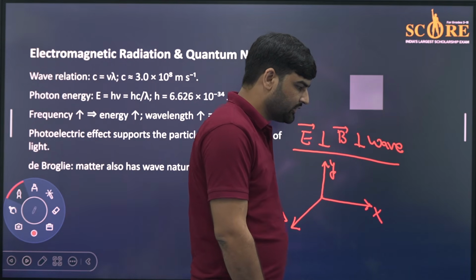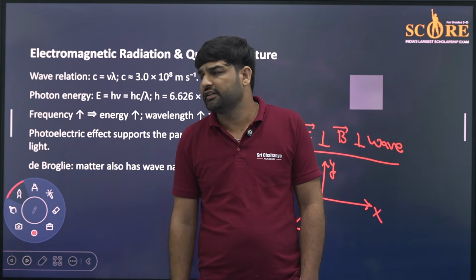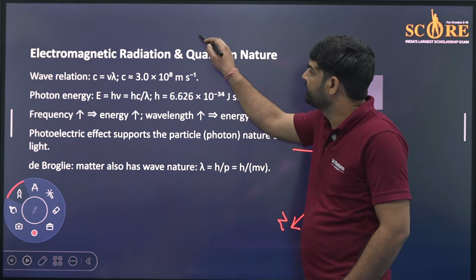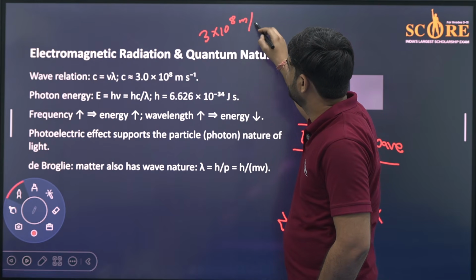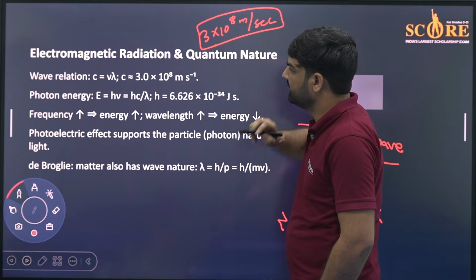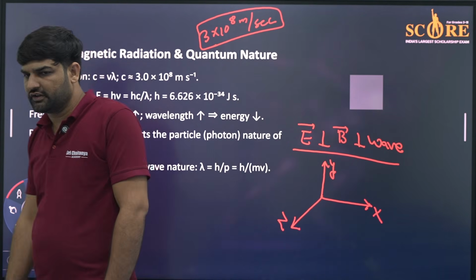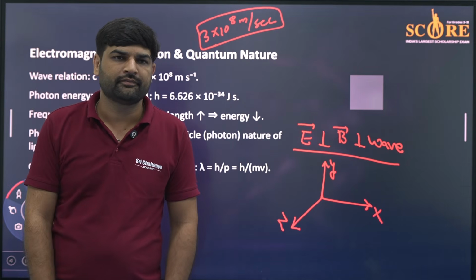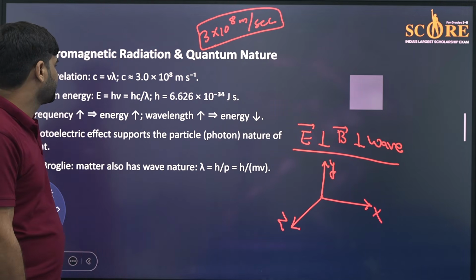EMR travels with the velocity of light, 3 multiplied 10 raised to power 8 meter per second. There is no need of a medium for EMR, electromagnetic radiation, to travel. Light is a type of electromagnetic radiation also.